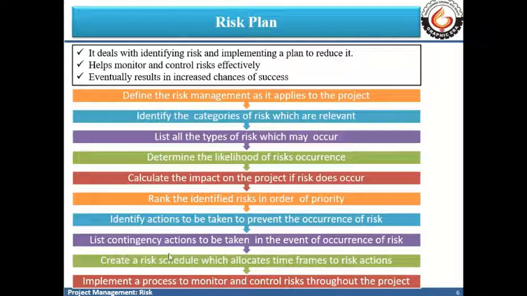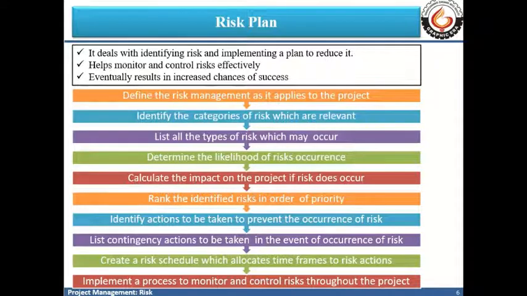So you will need to list the contingency actions to be taken in case the event or the risk happens. Then subsequently you create a risk schedule which deals with allocating time frames to the different kinds of actions you have planned for risk, and then you implement a process to monitor and control risks throughout the project life cycle.